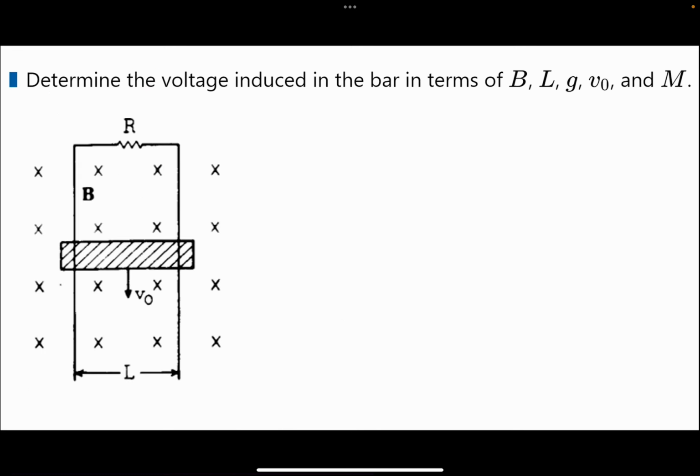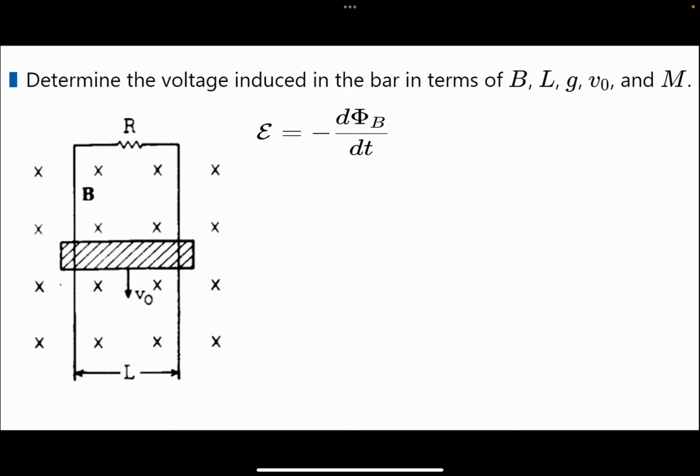So here, the first part tells us to determine the voltage that is induced in the bar in terms of B, L, g, V naught, and m, right? So due to Faraday's law, we know that there will be a voltage induced whenever we have a change in magnetic flux, right?